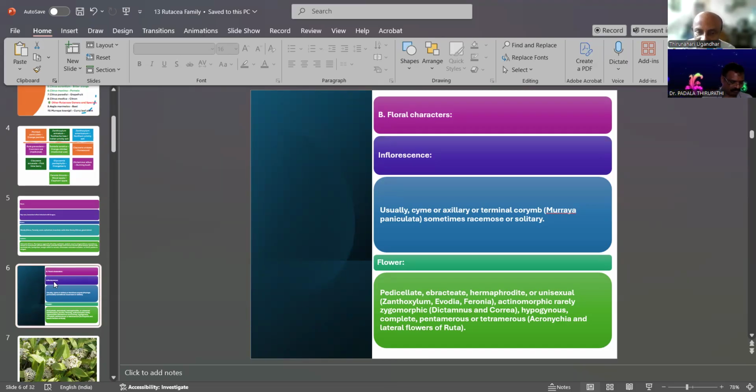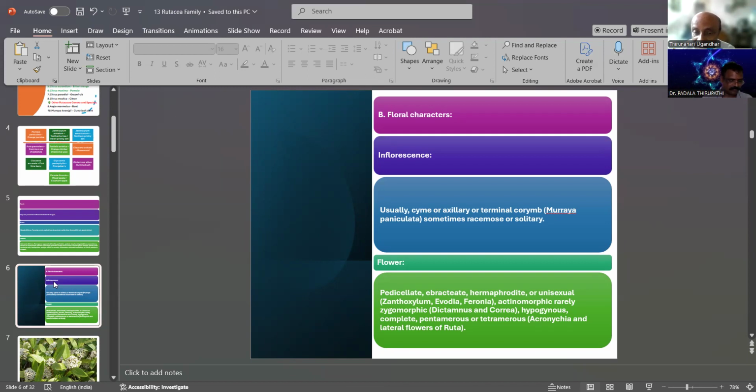What are the important characters of the flowers? Pedicellate, also ebracteate, hermaphrodite or unisexual, as in Zanthoxylum, Aegle, Feronia, which are character features of the unisexual. Actinomorphic, rarely zygomorphic. Zygomorphic examples are Dictamnus and also Correa.